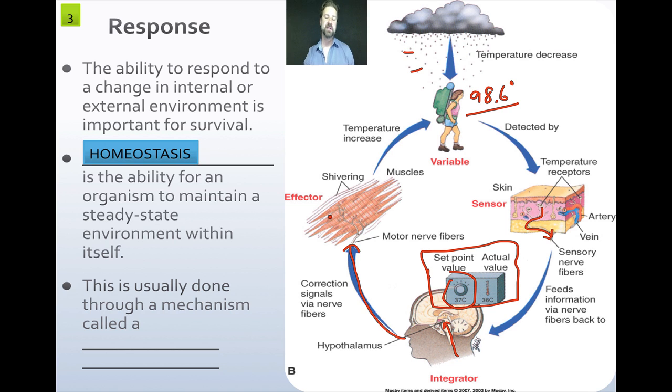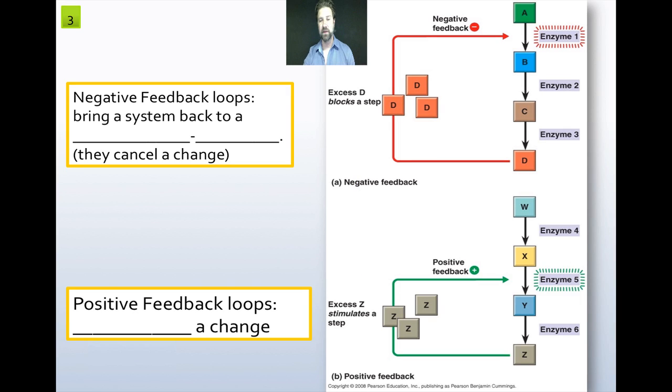And the particular loop that you see here, a loop from stimulus to sensing it, to integrating the message to an effector, that loop is going to be called a feedback loop. And this one in particular is called a negative feedback loop because it brings the system back to a steady state.